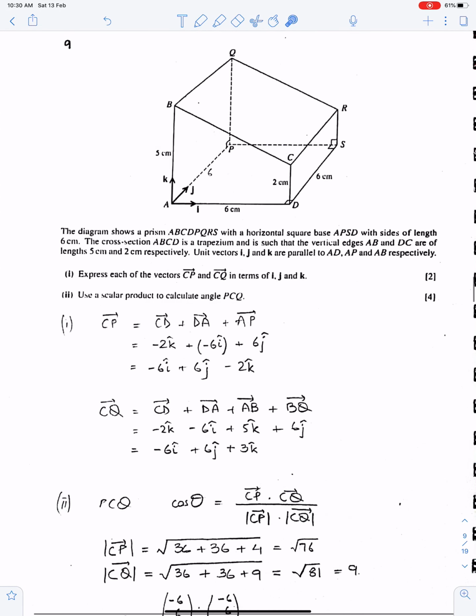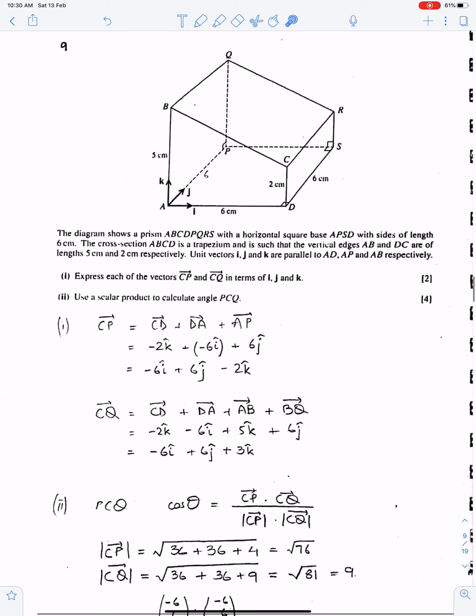Again, we have same type of question. Like we have to find these vectors. Again, I will start for vector CP. I will start from C and then I will use head to tail rule and then I will work either along or parallel to these directions. So this is CP. So I have options.